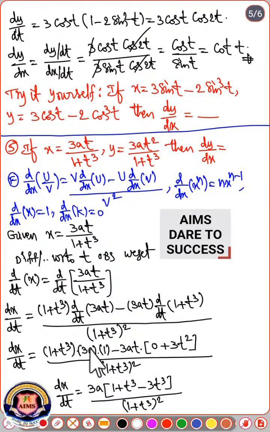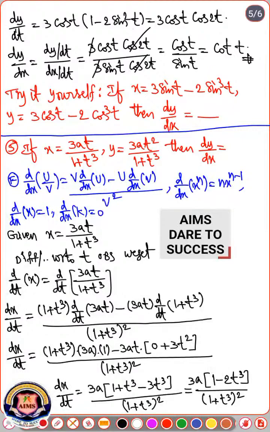One more time, 3a went outside common, remaining value 1 plus t cube minus, here also 3a went outside, the remaining value t multiplied with 3t square, 3t square into t is 3t cube, so minus 3t cube. So remaining value 3a into 1 will be same, t cube minus 3t cube is minus 2t cube, whole divided by 1 plus t cube whole square.